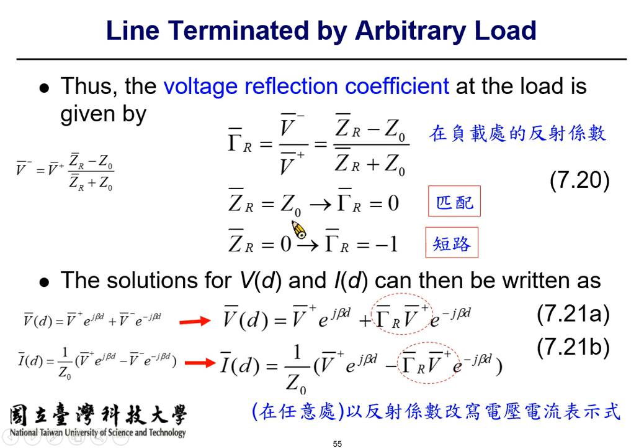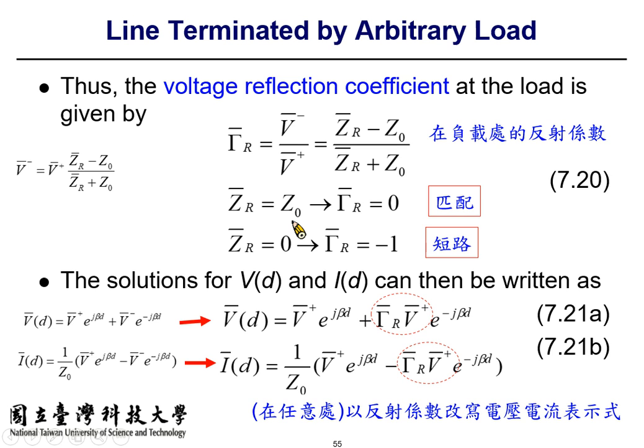What happens if you substitute Z_R with infinity? Well, that is the case of open circuit. Then the reflection coefficient gamma becomes infinity divided by infinity, and it's +1. So for open circuit, the reflection coefficient is 1.